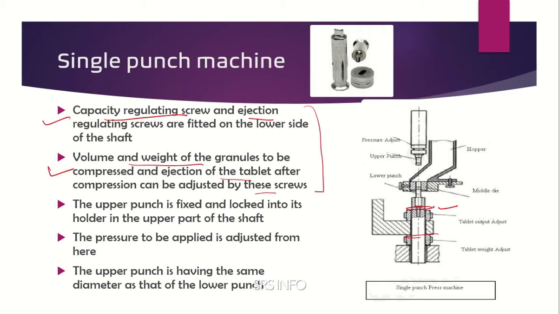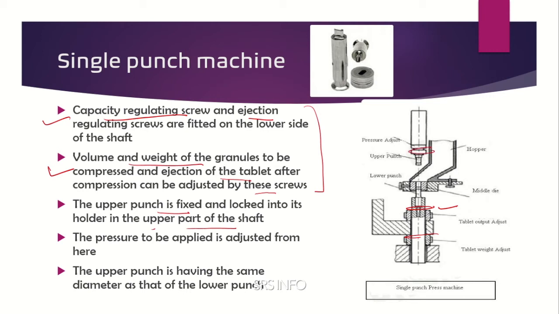Then the upper punch is fixed and locked into its holder in the upper part of the shaft.